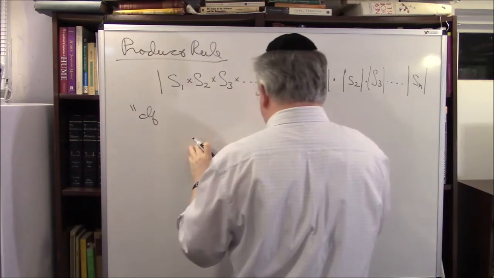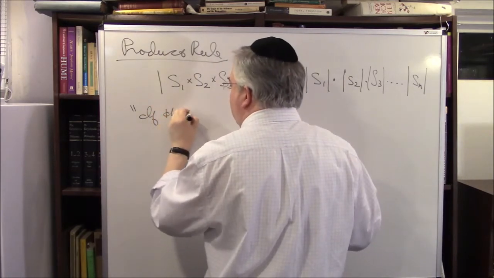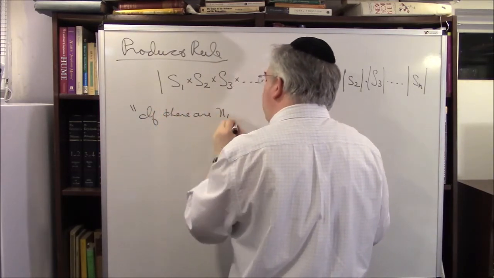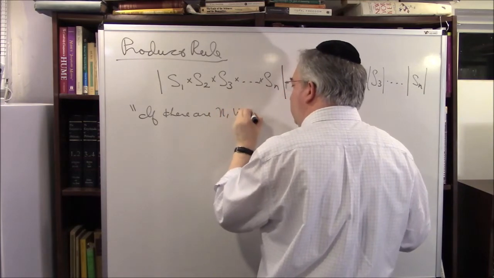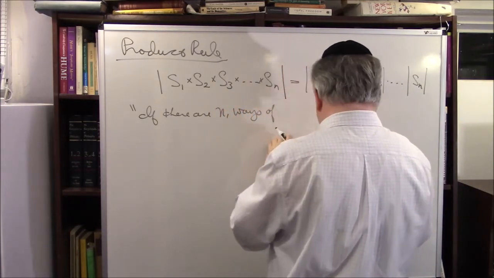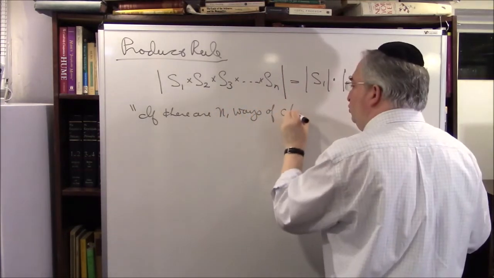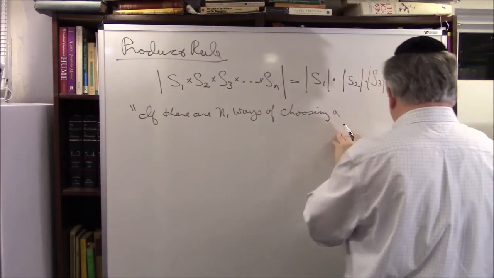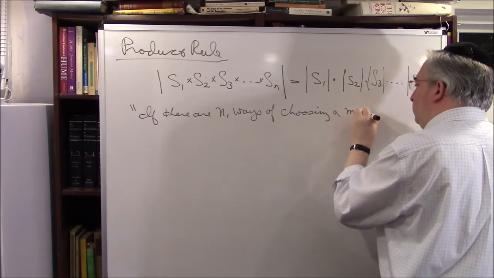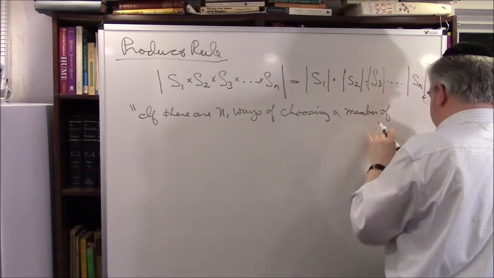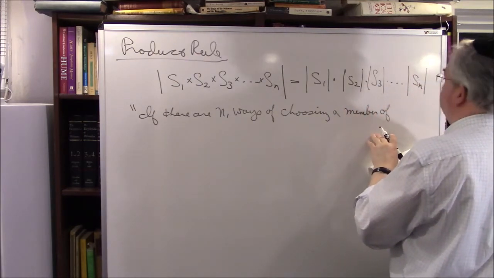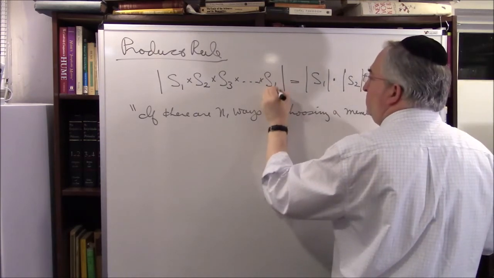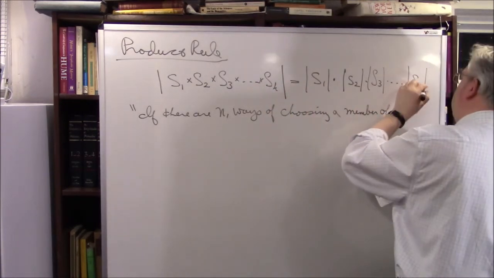If there are n1 ways of choosing a member of, oh shoot, I want to make this a k.